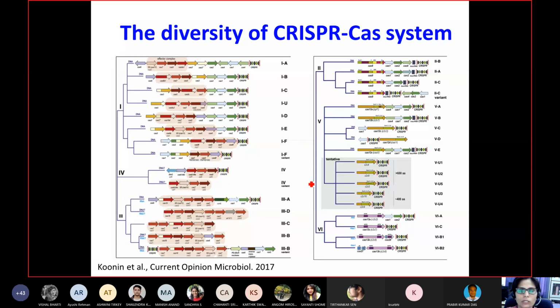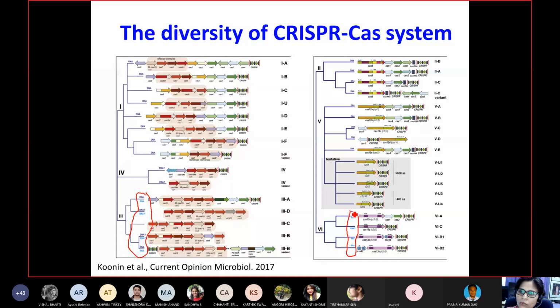It is important to know there are some CRISPR systems available that target only DNA, as you can see here. But there are systems that are able to target both DNA and RNA, as you can see in this case. And there are CRISPR systems which are only able to target RNA.